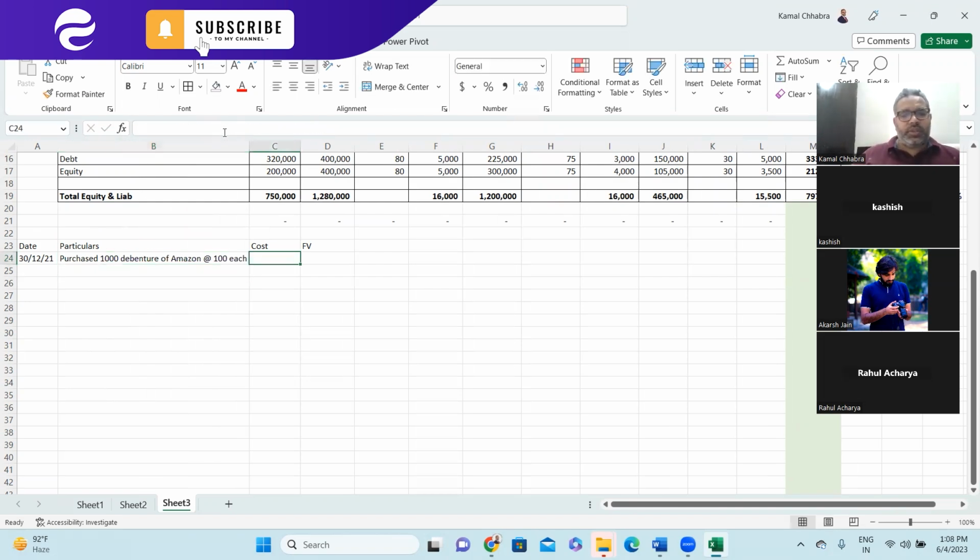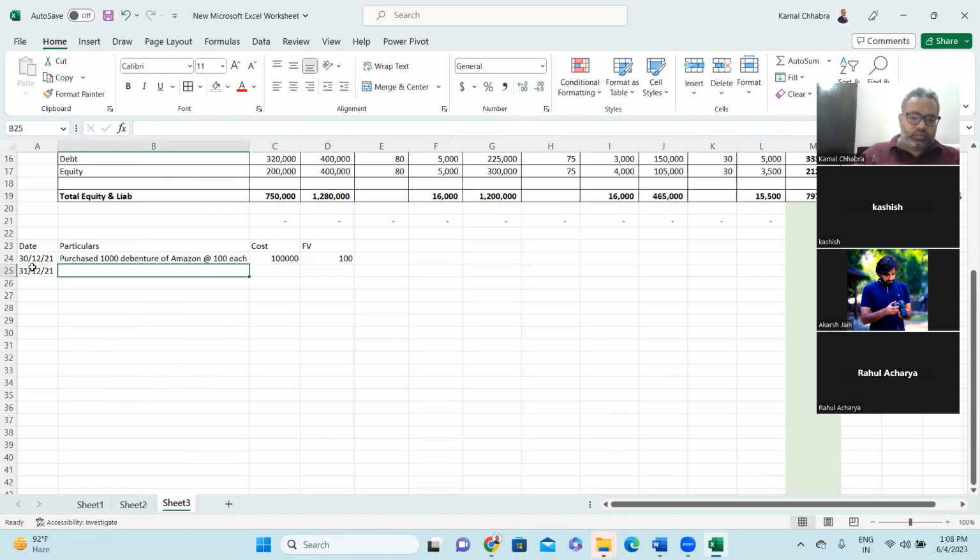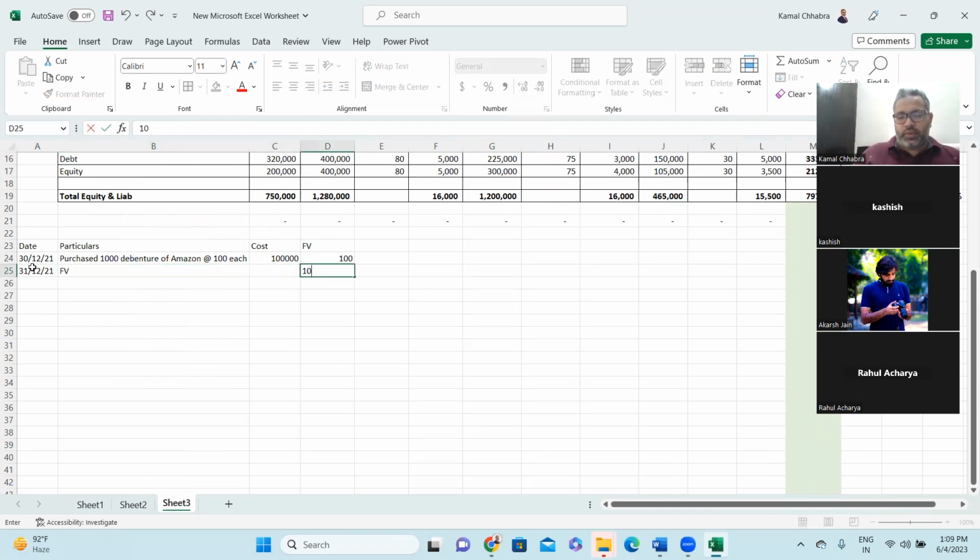So how much is the cost? And let's say the fair value is 100 that day. Now on 31st 12/21 the fair value is, let's say, 102. And another option, let's say 98.